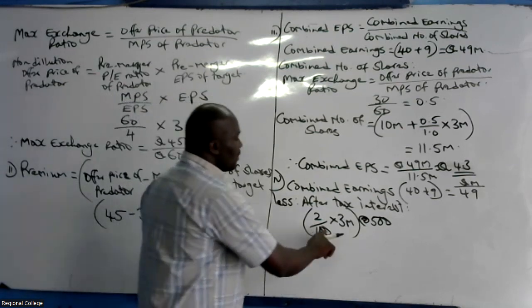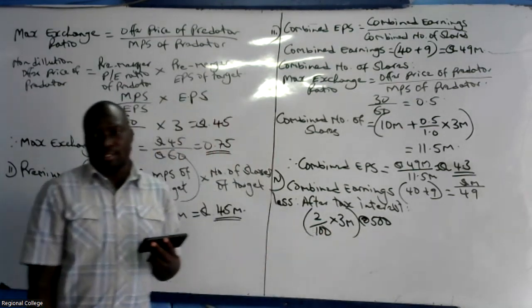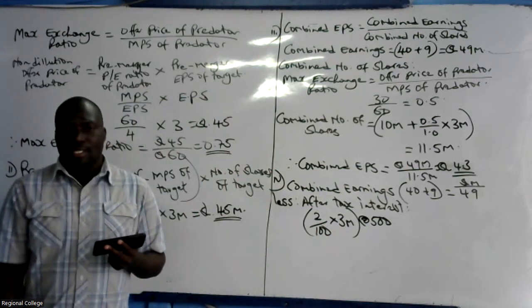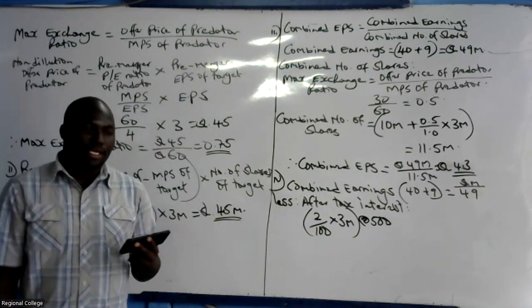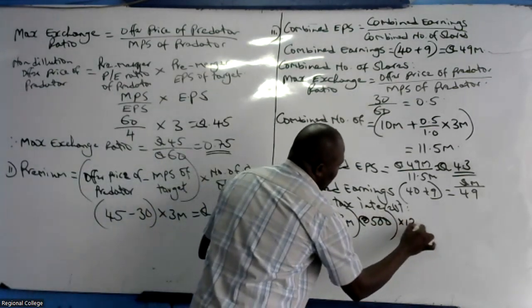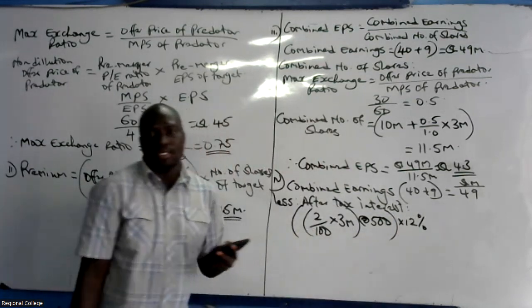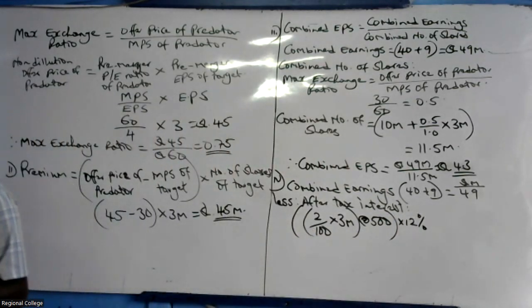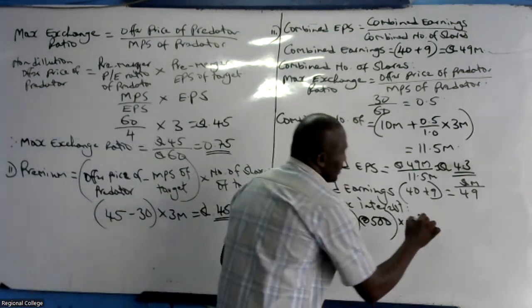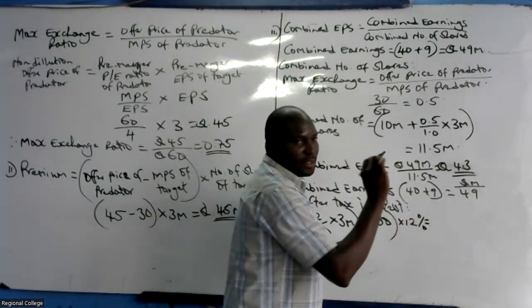So we can find the value of the debentures, right? But we don't need the value of debentures, we need what? The interest. So to get the interest, to the value, we multiply by what? 12%. So how much is our interest? 3.6, before adjusting for tax, right?